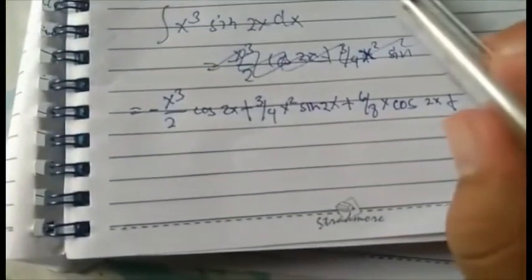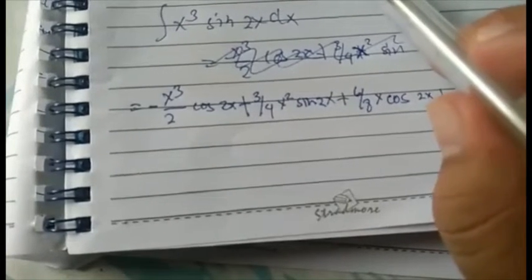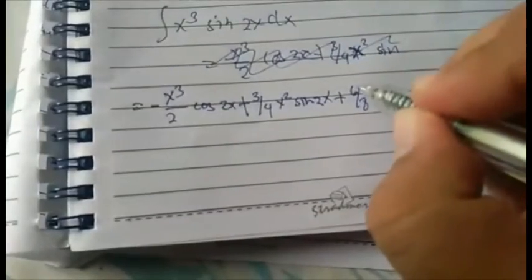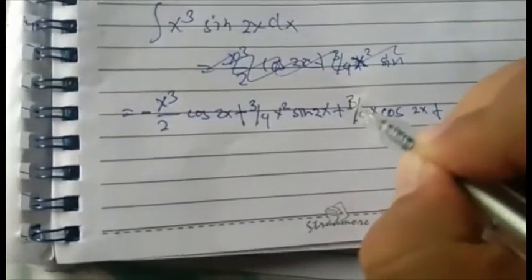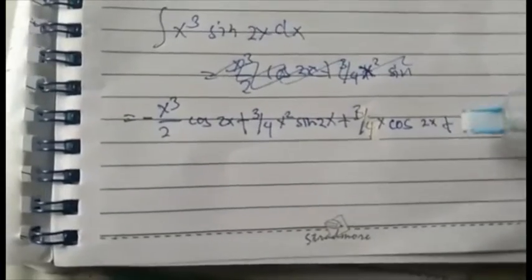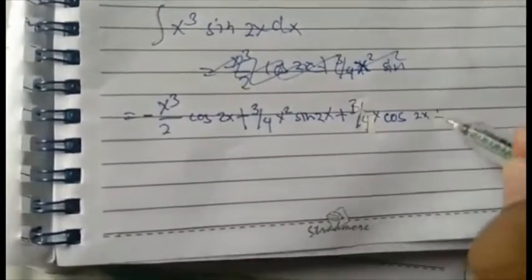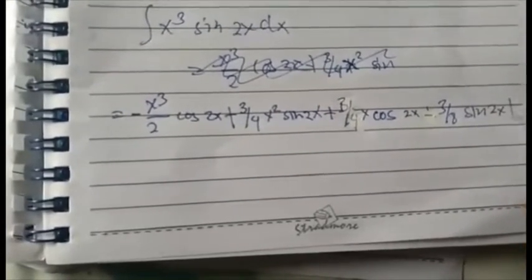By the way, we're going to change our 6/8 here, and we're going to get the lowest denominator, which will be 3. This will be 3/4 x cos 2x and negative 3/8 sine 2x plus c.